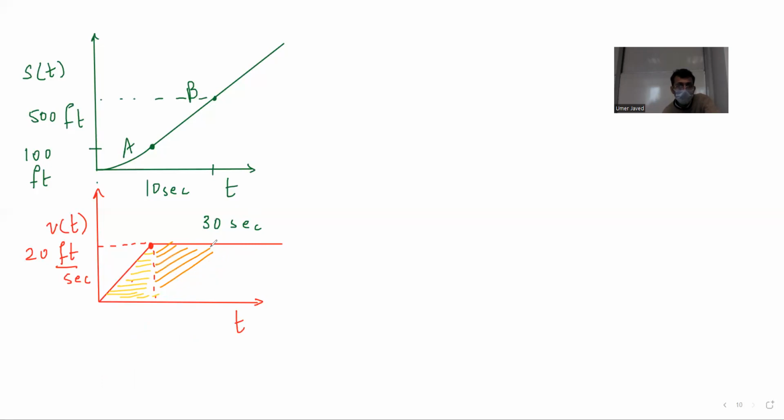You are right, I think. This is 30. This is 20 multiplied by 30 minus 10. So 400. So if I have distance covered 400 here, then 400 on top of 100 will give me 500. So it makes sense.